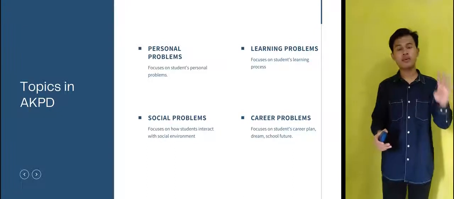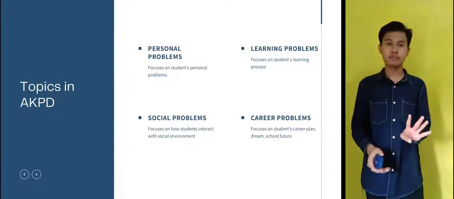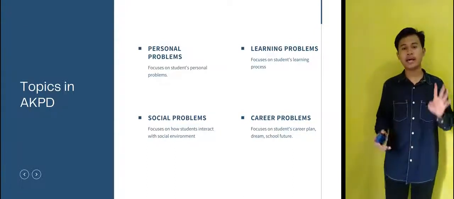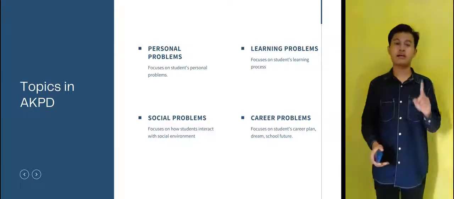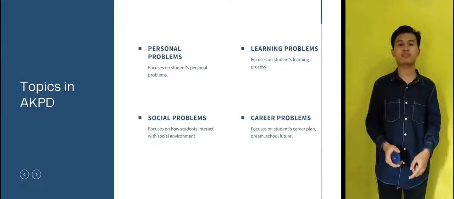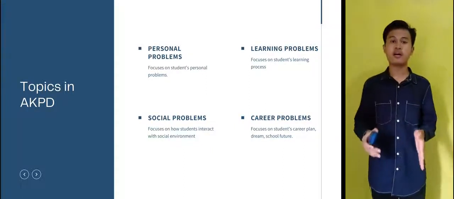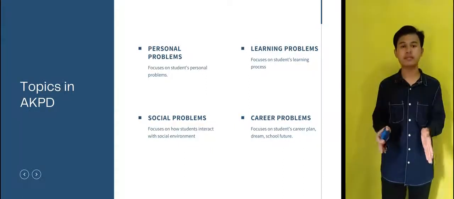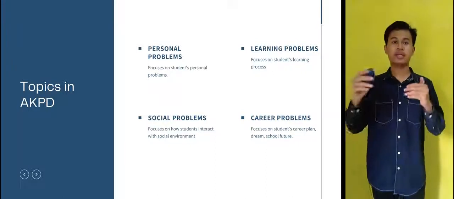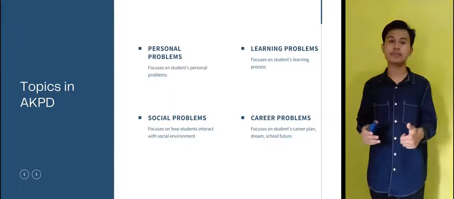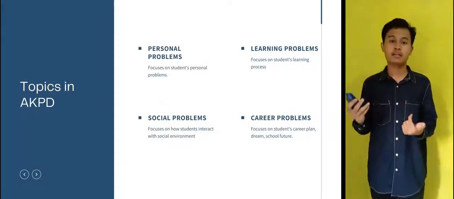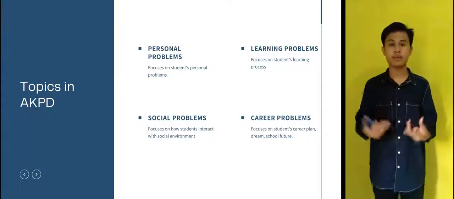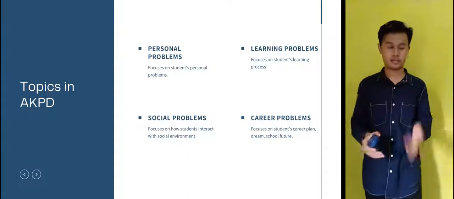The next is, there are 4 topics or categories contained in AKPD. The first is personal services, which focuses on personal problems that students face, like their life, themselves, their parents, their family, or others.